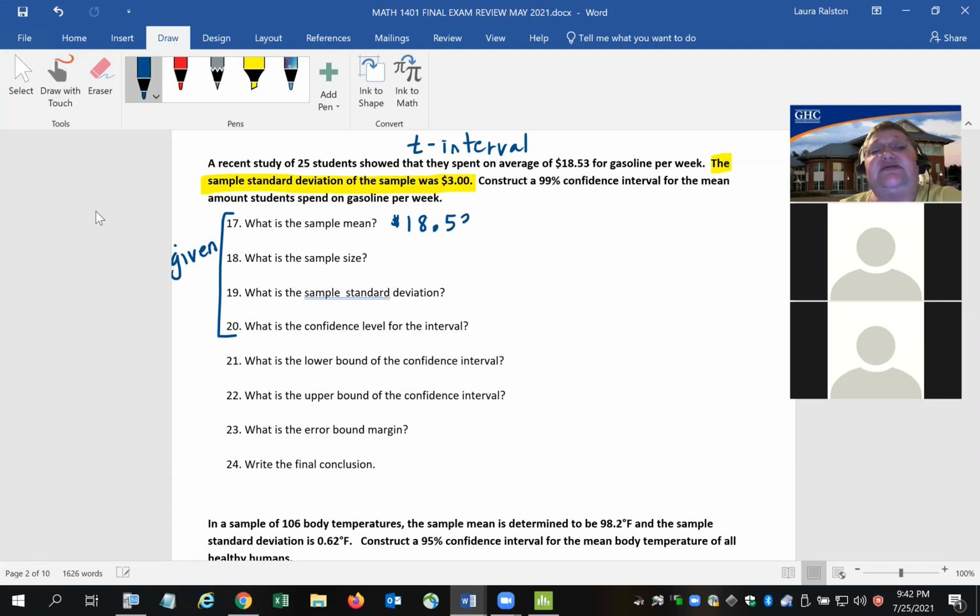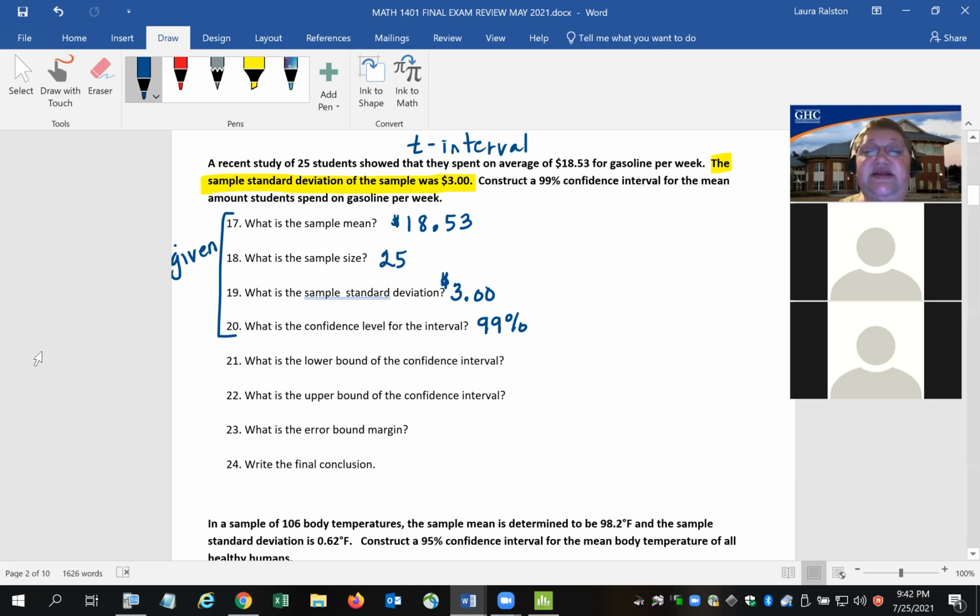So my sample mean is $18.53. We sampled 25 students. My sample standard deviation is $3. That's highlighted in yellow. And it wants me to construct a 99% confidence interval. All of that information is given within those three sentences.